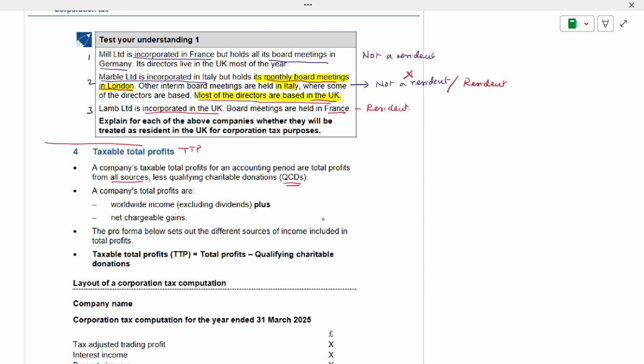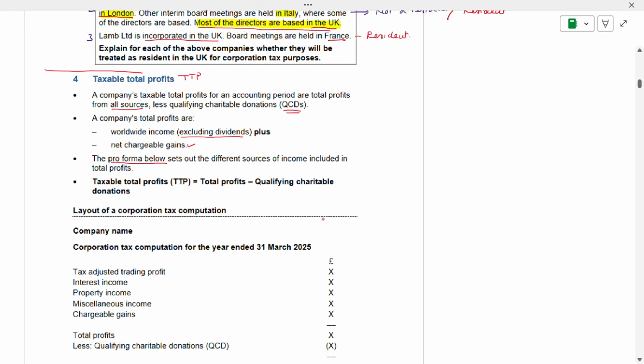I told you, you are moving from a saloon car to a four-wheel drive, so automatically things will change. A company's total profits are worldwide income excluding dividends plus net chargeable gains. The pro forma below sets out the different sources of income included in total profits. Taxable total profits is total profits minus QCD.